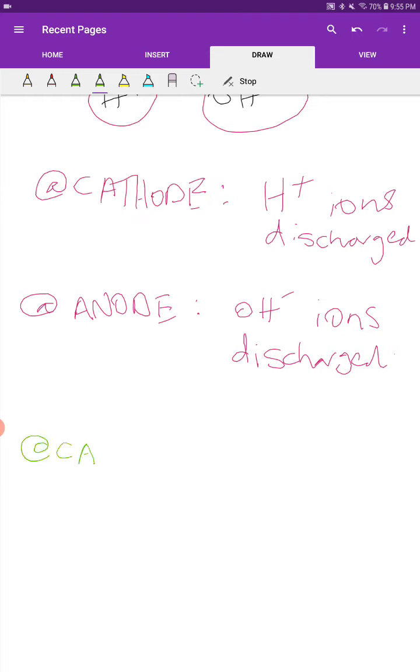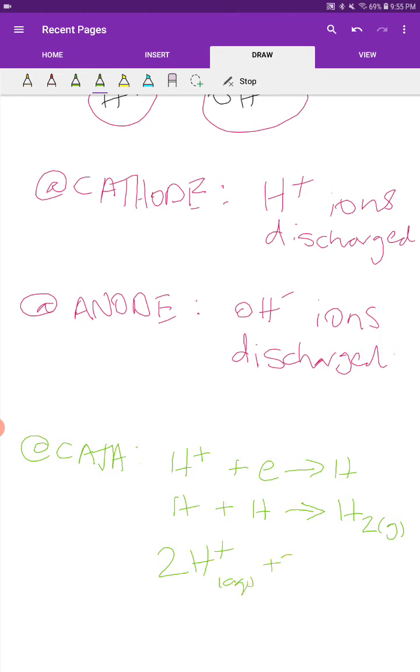at the cathode, since the H plus ions are going to be discharged, you're going to have one H plus ion gaining an electron to form hydrogen. Hydrogen is not monoatomic, it's diatomic, so two hydrogen atoms are going to pair up to give you H2 gas. We can combine these two equations and we can just say 2H plus ions, which are aqueous, gain 2 moles of electrons to form H2 gas.